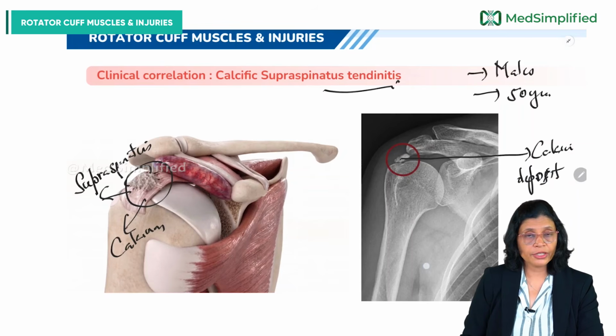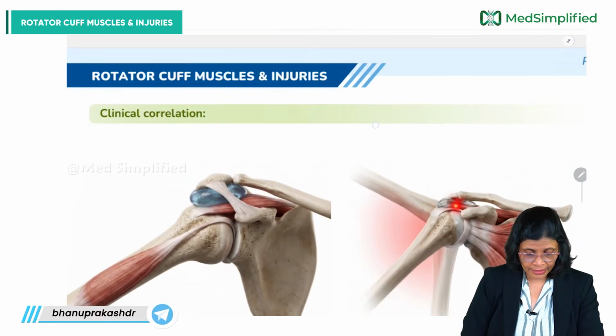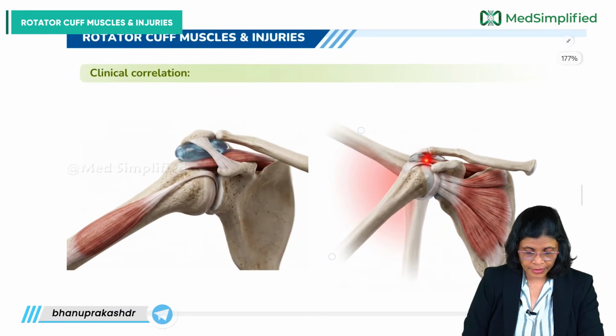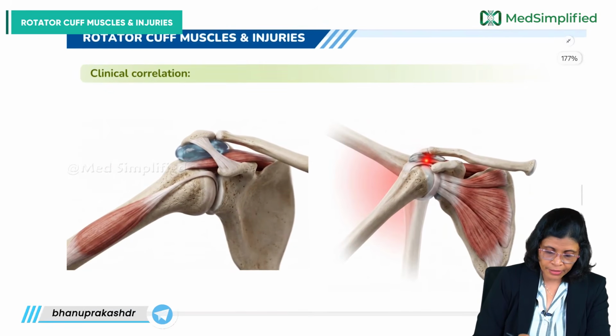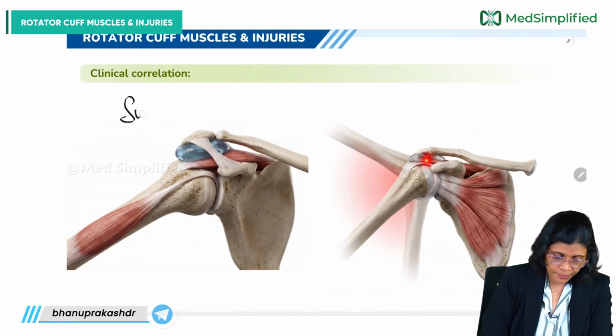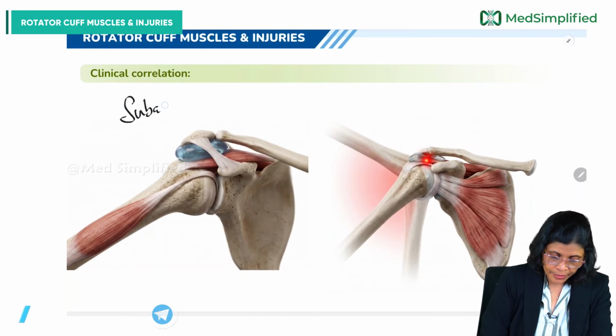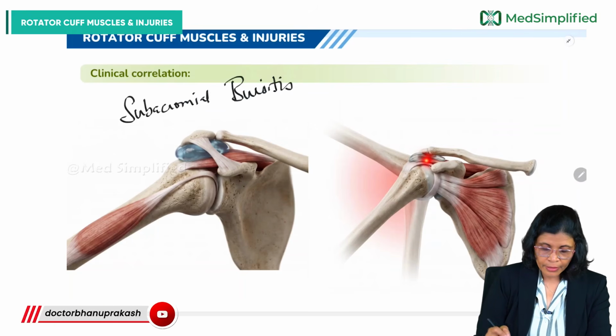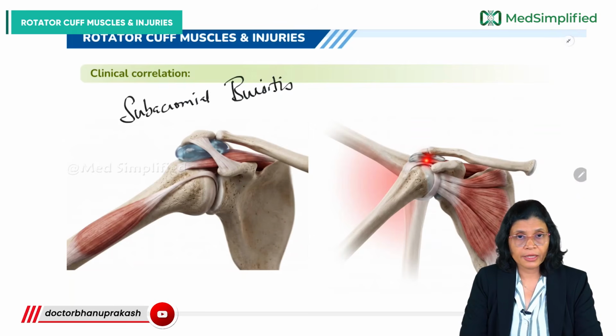So this condition leads to the second condition, which I told you is the subacromial bursitis. So the subacromial bursa, okay, it is the largest bursa in our body.